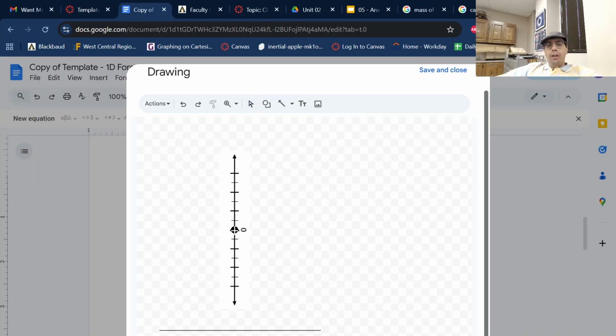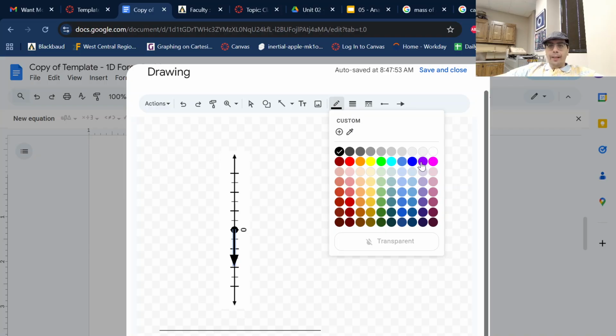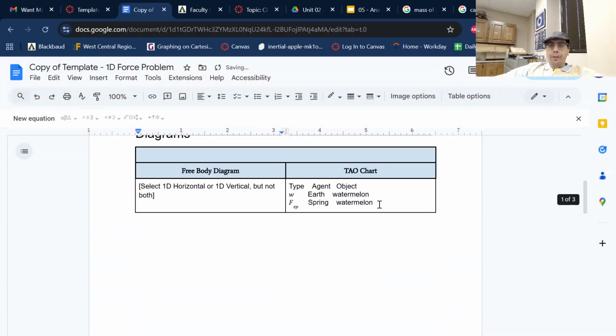I usually draw weight first, just because it's always fixed by the environment, right? It's always going to be due to the planet that the object is on, so I don't have to compare it against other factors. I am going to color code my forces.